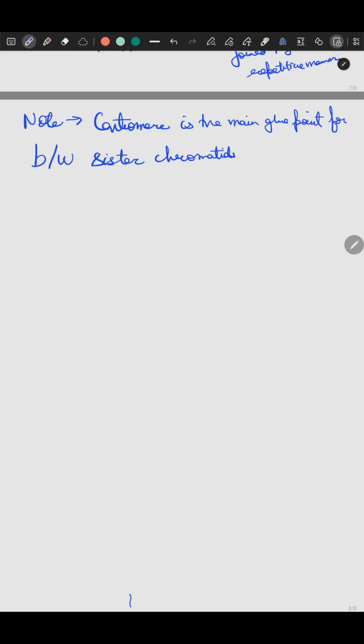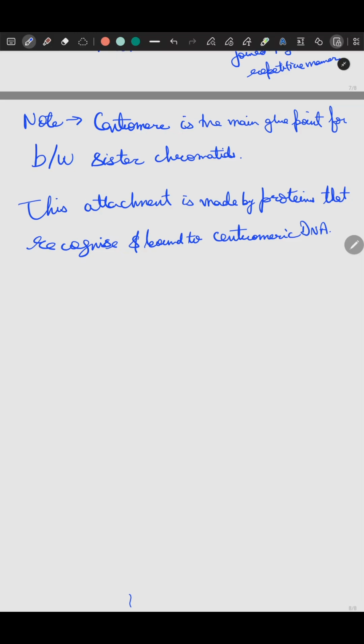So we can finally conclude that the centromere is the main glue point between the sister chromatids. This attachment is made by proteins which recognize and bind to the centromeric DNA.